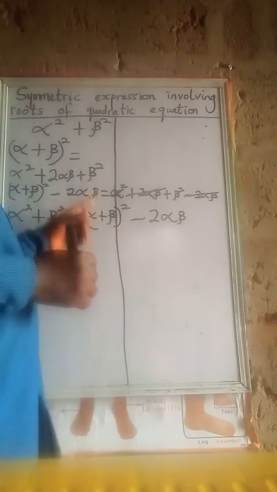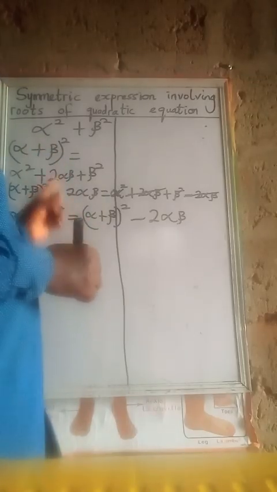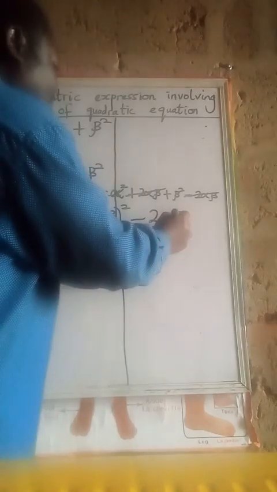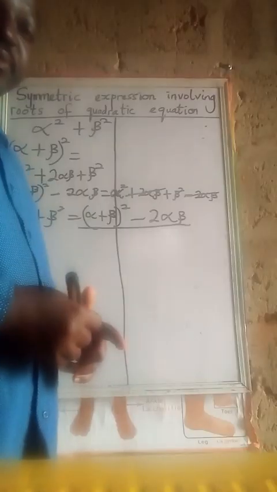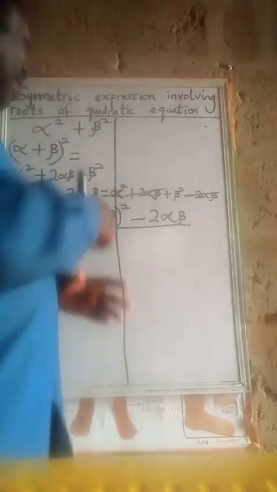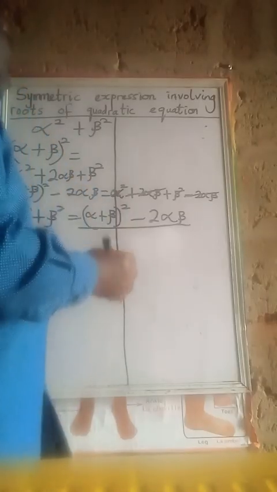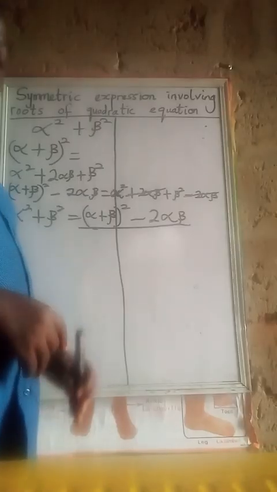Don't forget I said it was formed from this parent expression. So whenever you are asked to find alpha square plus beta square, just make use of this relation. You can commit it into your memory. What I've just done is to derive how it was formed.